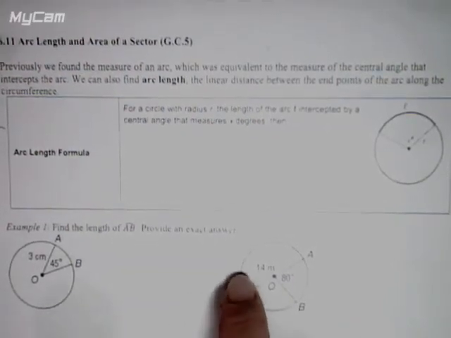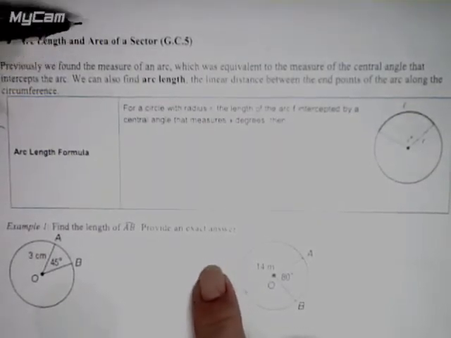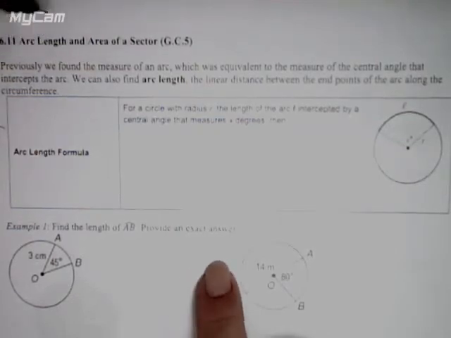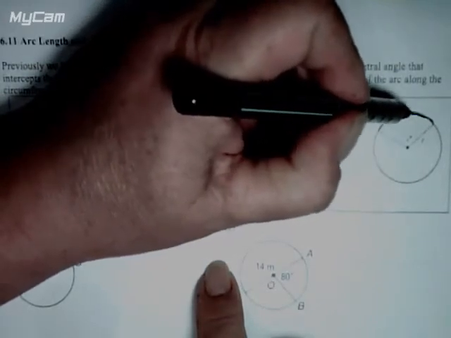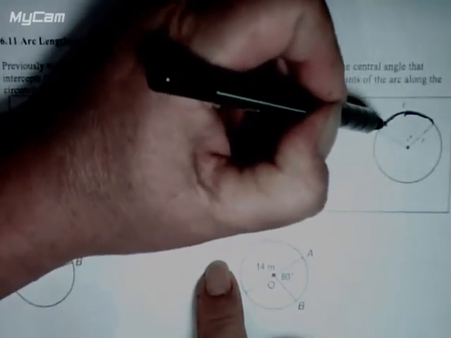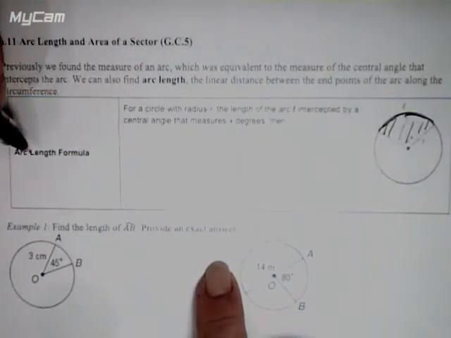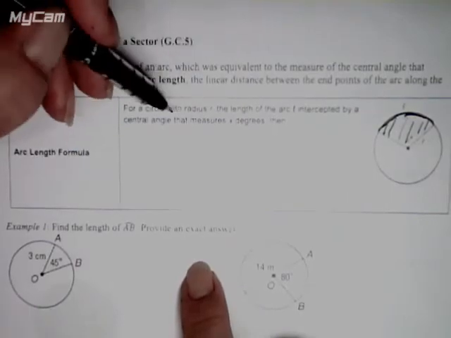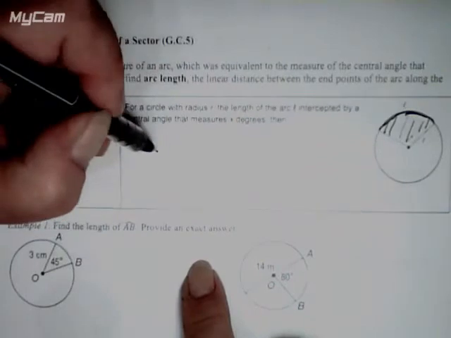All right. It's a little lesson over how to find arc length and area of a sector. Arc length is a portion of the circumference, and area of the sector would be something like this, area of that sector. So first, arc length. We need to know how many degrees that central angle is.